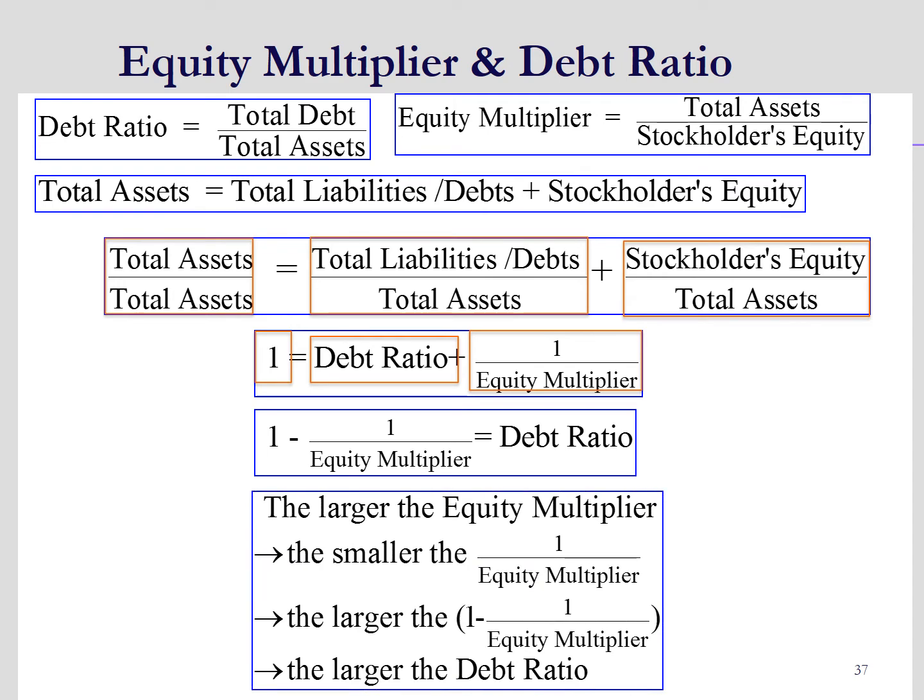We observe that the larger the equity multiplier, the smaller the inverse of the equity multiplier. Therefore, the larger the difference between 1 and the inverse of the equity multiplier, that is, the larger the debt ratio. So we have the relationship: the larger the equity multiplier, the larger the debt ratio.